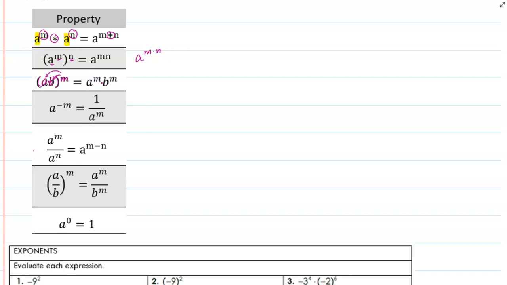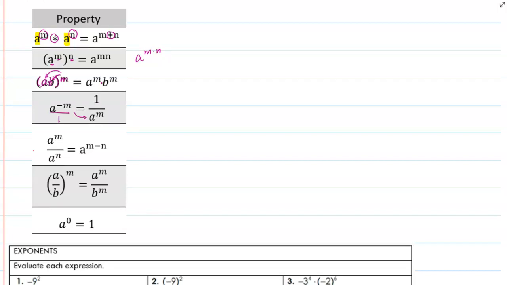Okay, now a negative exponent is a location changer, or the reciprocal. Okay, so basically, if you had a negative exponent in the numerator, you would move the base and the exponent down to the denominator.